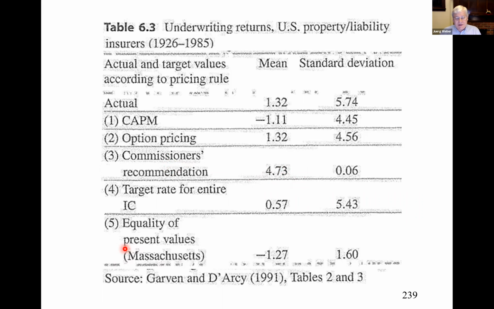In Massachusetts, they were better. They actually had in each year an average underwriting return that was slightly negative, which corresponds roughly to the capital asset pricing model.